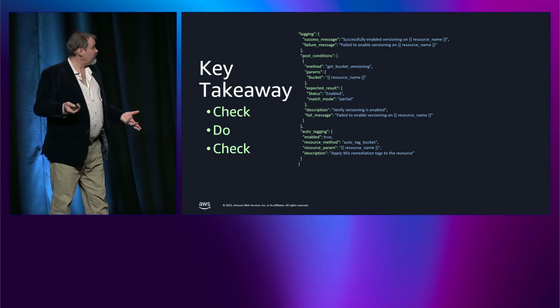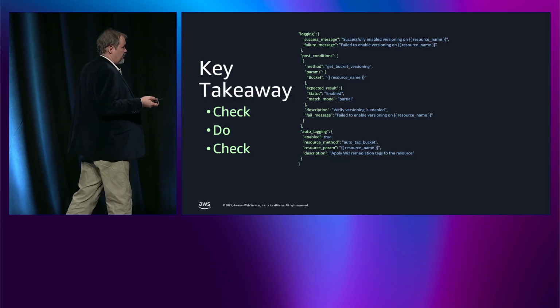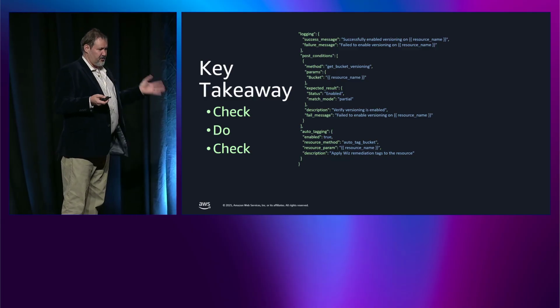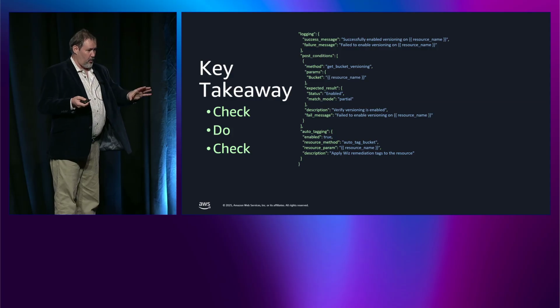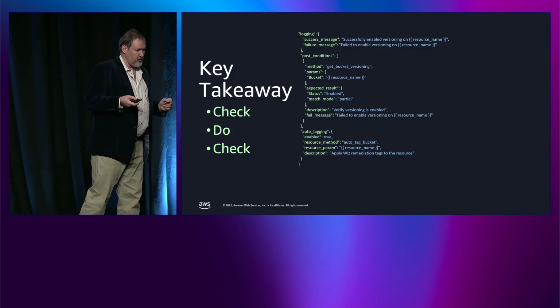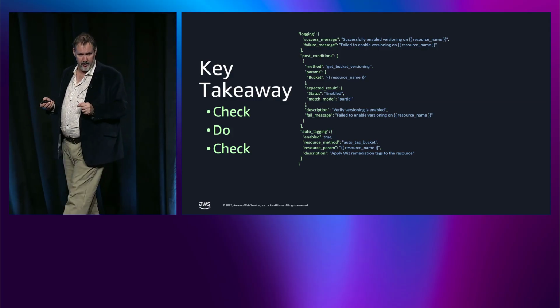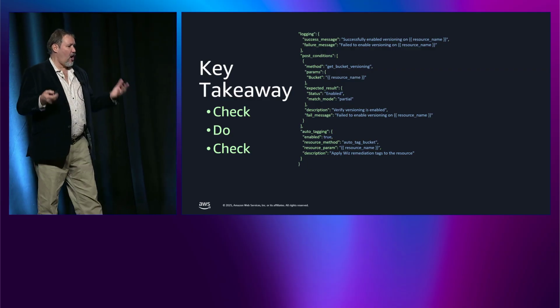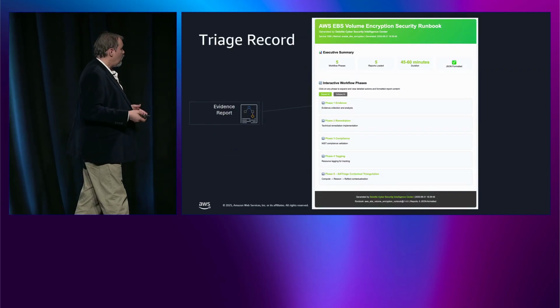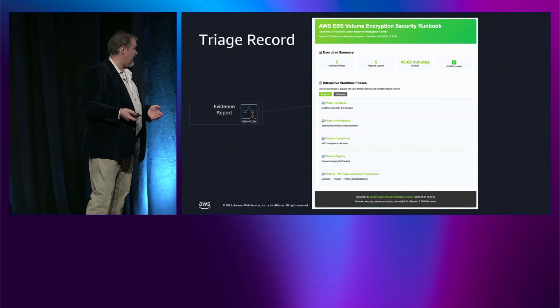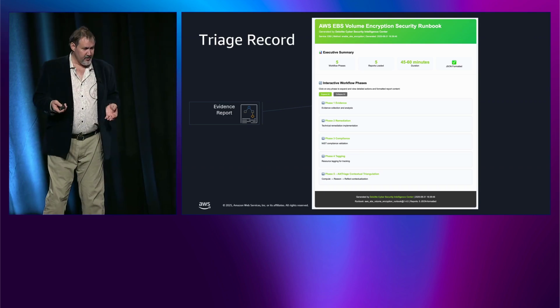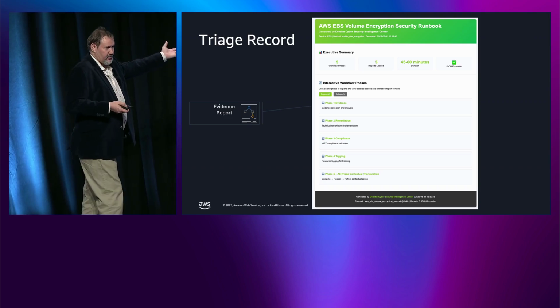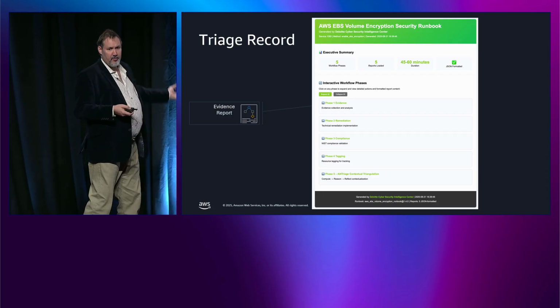At the end of the day, what we have is a fully fledged recipe that we can store in a central repository that is human readable, and a great part is this goes back into our long-term memory, into our lexical graph, which means over a period of time we can make claims such as what exactly is happening in our organization, what evidence have we collected, what is the trend.